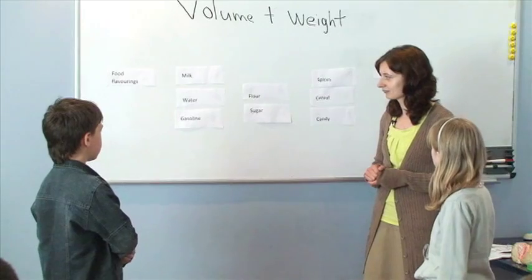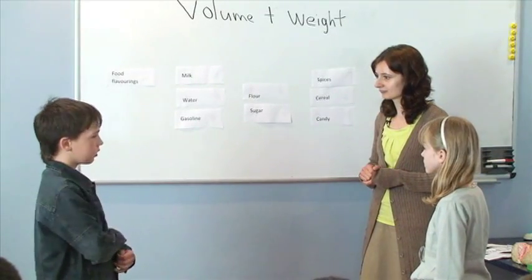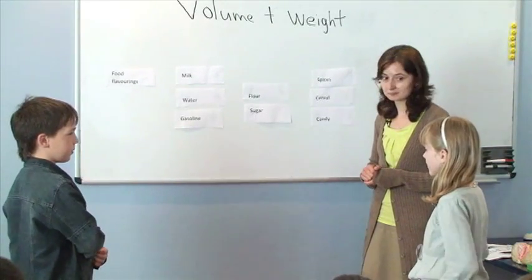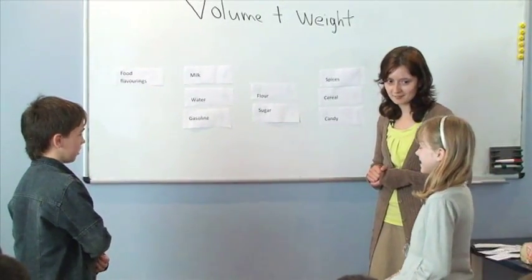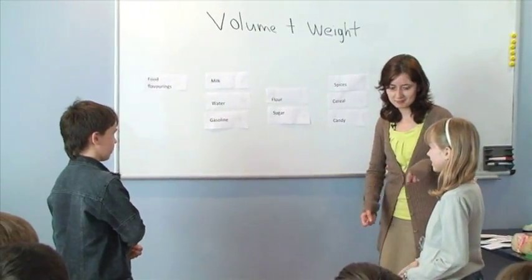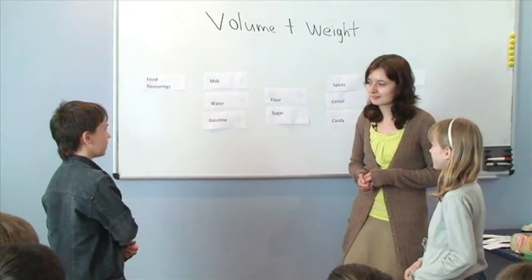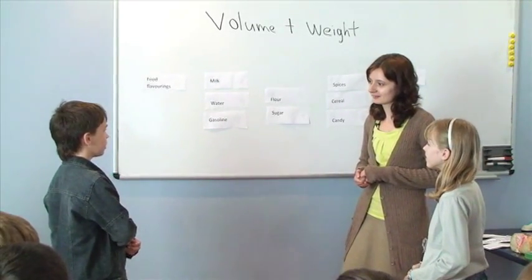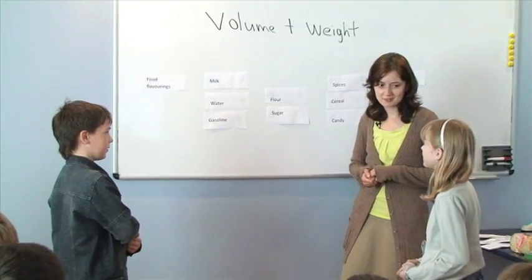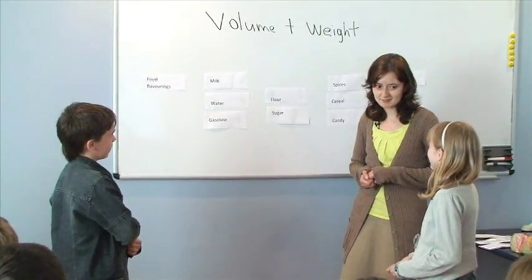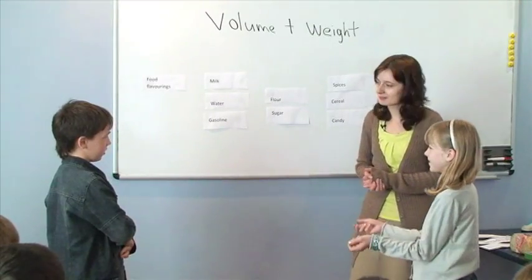And 1 kilogram of sugar. Okay. So you're going to scoop them some sugar. Put some sugar in a bag. And 2 liters of water. Wow. You're going to give them the water and the milk?